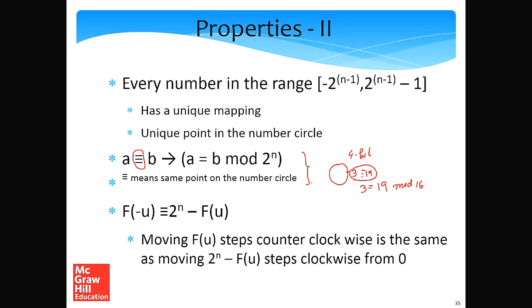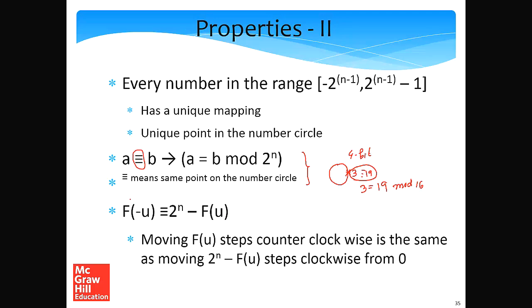The advantage of this notation is that we can say that a lot of numbers on the number line are equivalent, because there is only one representation for them on the number circle, and out of them only one is in the range of the number system and the others are not.